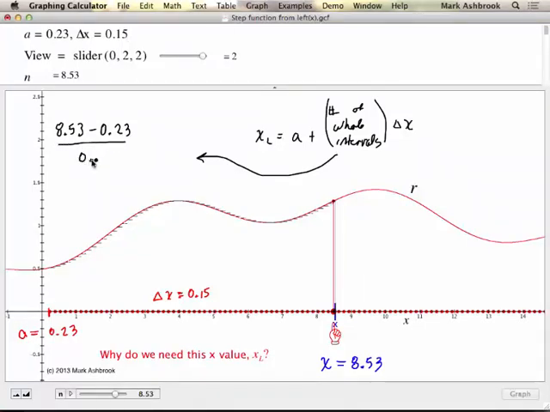We're going to ask how many intervals of width 0.15 fit into that distance, right? If 8.53 minus 0.23 is that distance, then we ask how many intervals of 0.15. Remember, quotient: measuring one quantity in the unit of another.